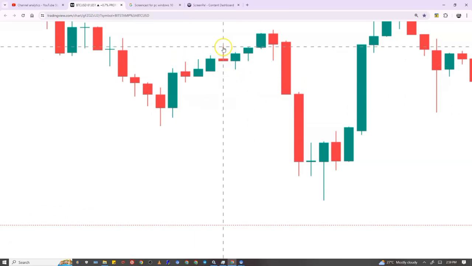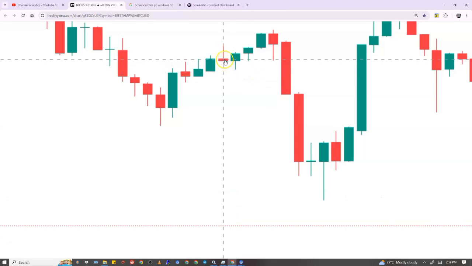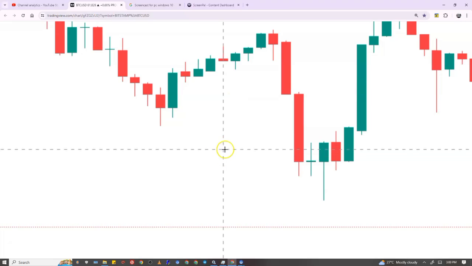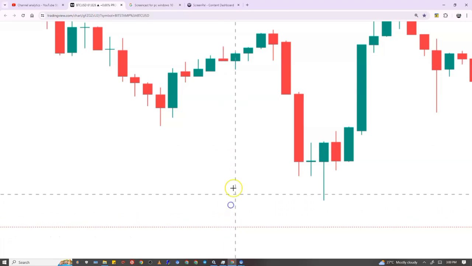So this other candle is called, I forgot the name of this candle. They all have a name, but you just need to be aware of them. So what this means is sellers took control over this candle. In other words, this candle opened as a buying candle, but sellers pushed it to the downside.